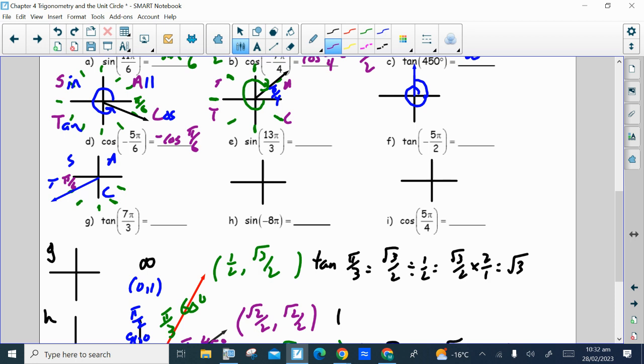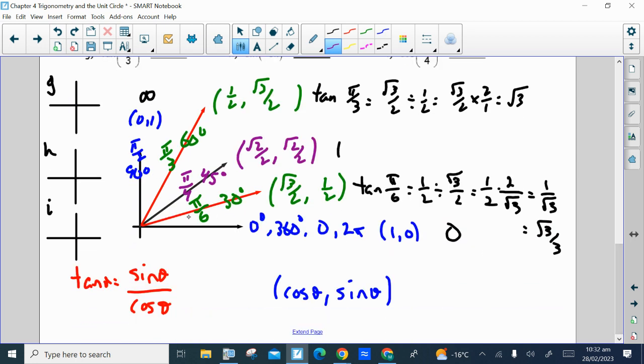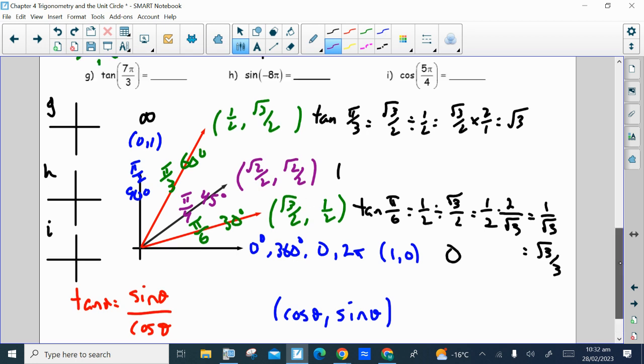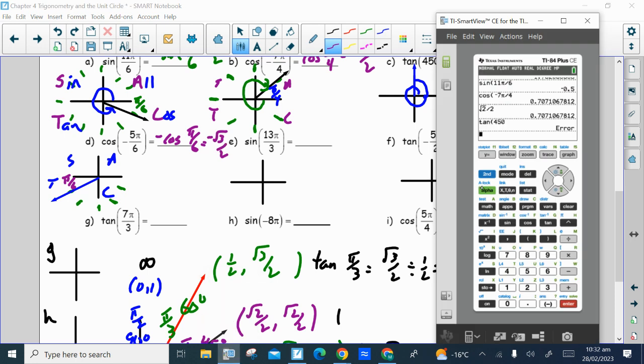The denominator of the reference angle has to match the denominator of the rotation angle, which is 6, pi on 6. So our answer will be the negative cosine of pi on 6. When we look at our unit circle, at pi on 6, we're right here. The cosine is the x value, which is root 3 over 2. But because we're in the third quadrant, it'll be negative root 3 over 2, which we can check. We just have to make sure that we are back into radian mode.